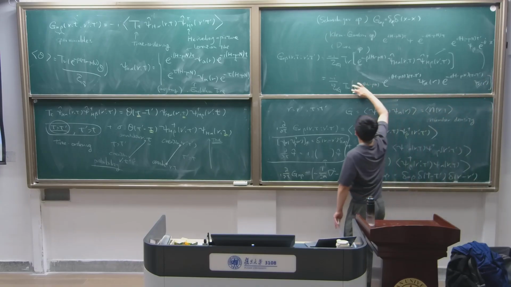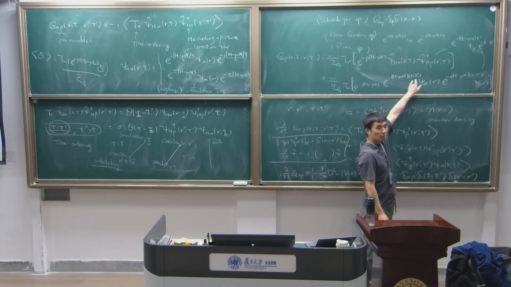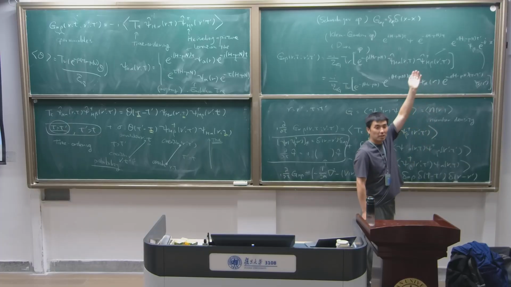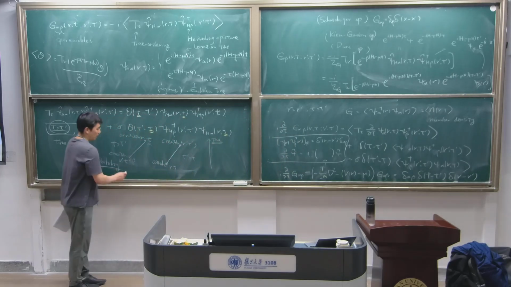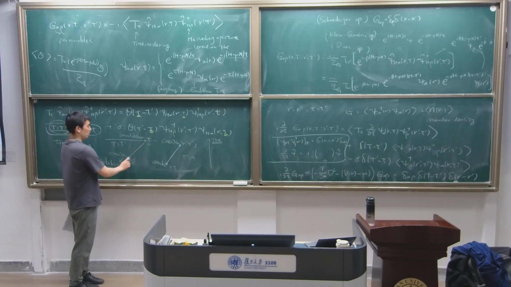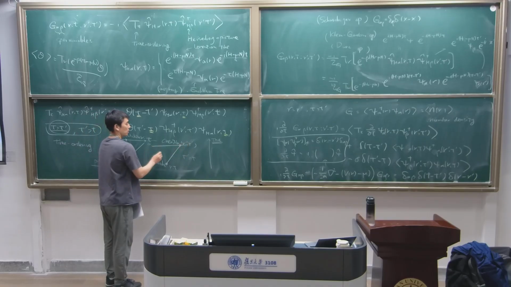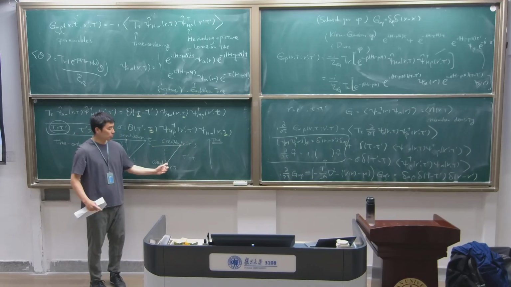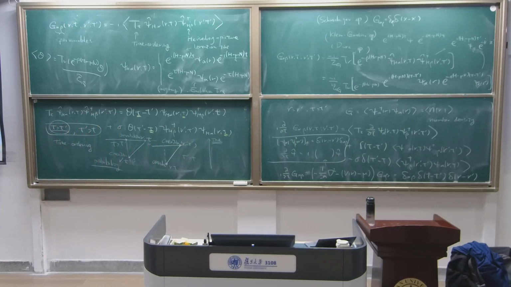So this is the other expression. Here you just have a time translation operator, t minus t prime, which moves this operator into the same timeline. You just use a time translation from here to here, and then consider the correlation function at the same time. Any question at the moment?